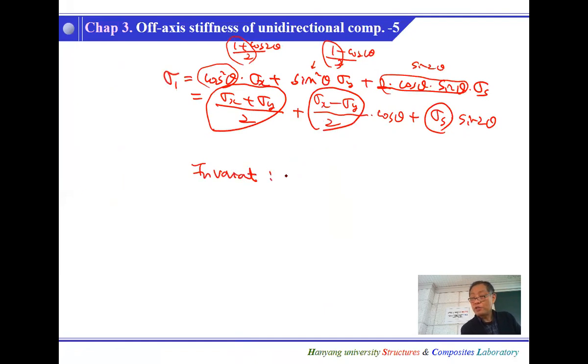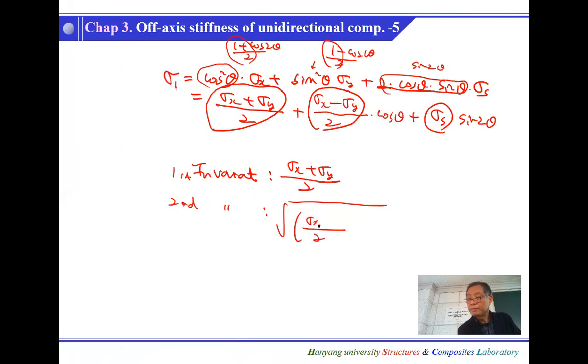In second order transformations, always sigma x plus sigma y is the first invariant, and the second invariant is the square plus sigma s squared. Okay, this is the first invariant in second order transformation, and this is another invariant. What does it mean?